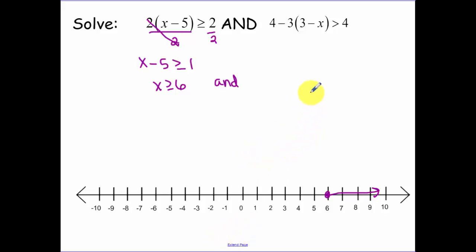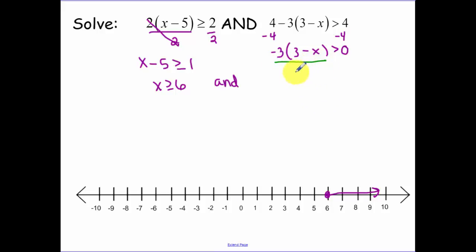Then we also want to look at this example. Let's subtract 4. That leaves me with negative 3 minus x greater than, when I subtract 4, I get 0.